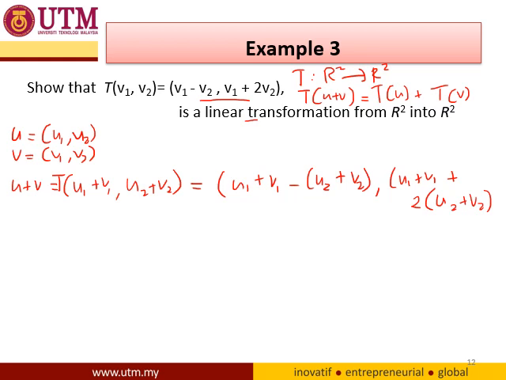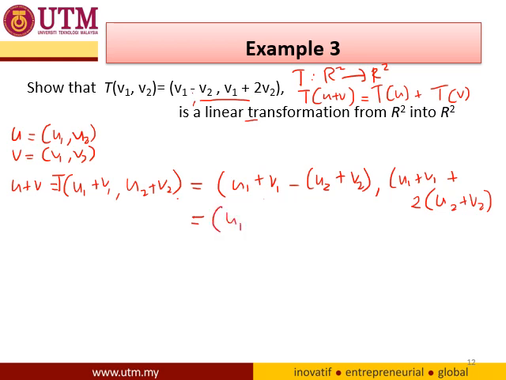So this is your transformation of u plus v, (u1 plus v1, u2 plus v2), and it's equal to this transformation. So your v1 is this one, u1 plus v1 minus, remember, minus (u2 plus v2), because this is your v2 here. And then the second one, you take your v1, u1 plus v1, plus 2 times (u2 plus v2).